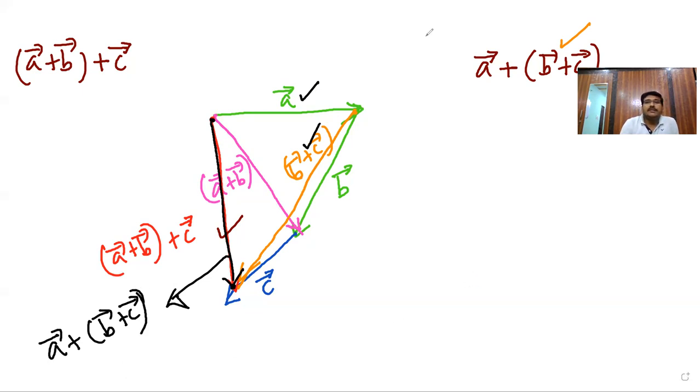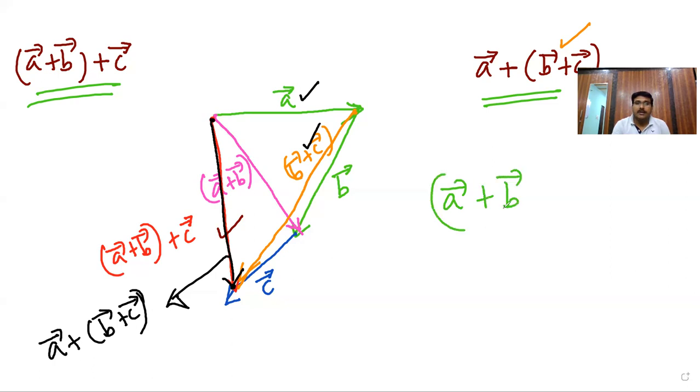Okay, that means the left-hand side property and the right-hand side property, both are satisfied. So, thus it obeys: A bar plus B bar, to the summation, C bar is added.